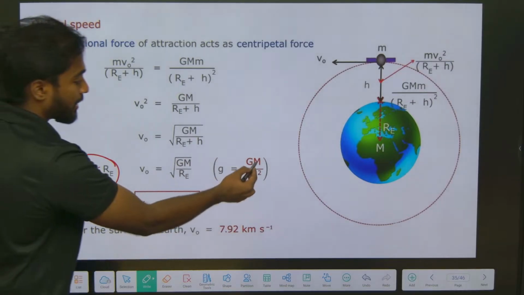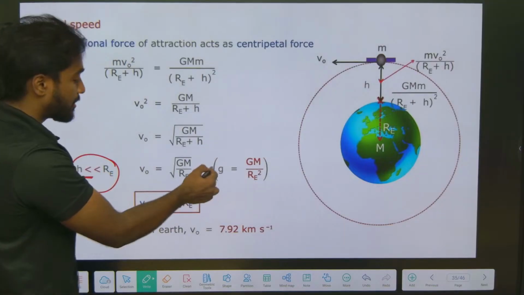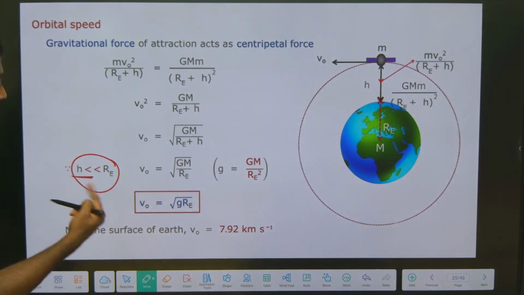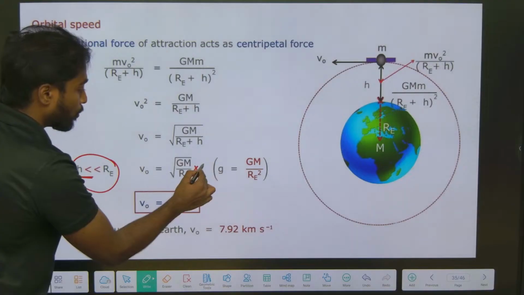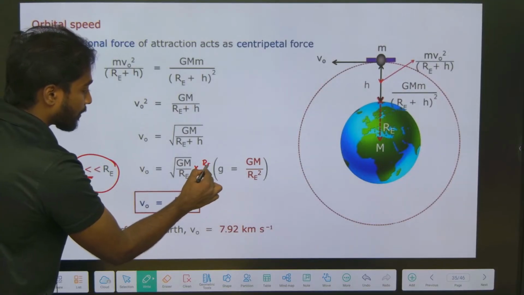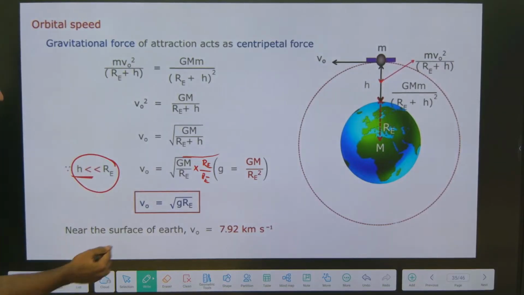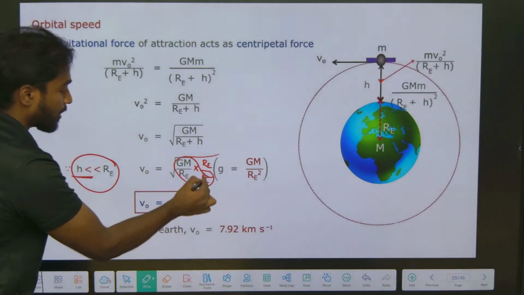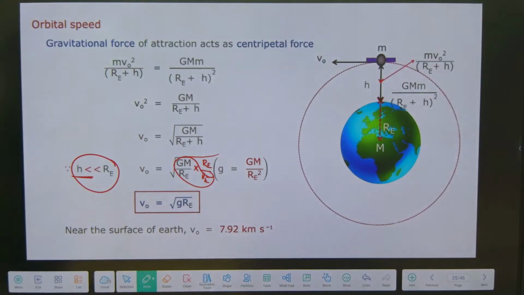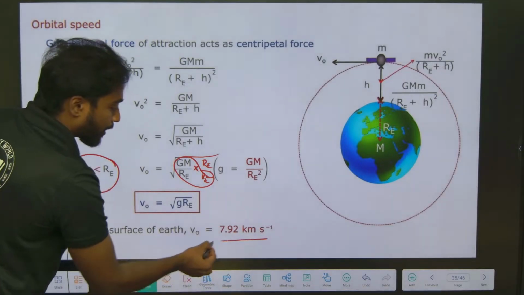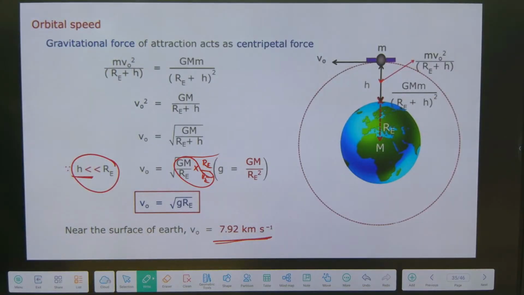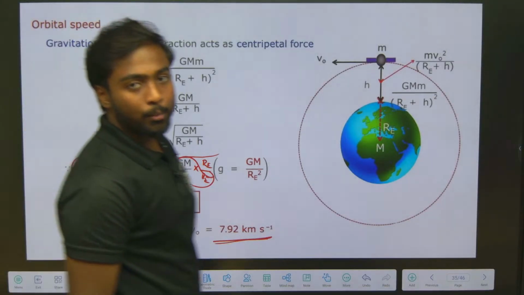The same thing, G M by r square is g. So I can say, multiplying by r e by r e, everything under root, this total term is g, so v is root over g into r e. So the value is 7.92 kilometer per second, which is the orbital velocity.